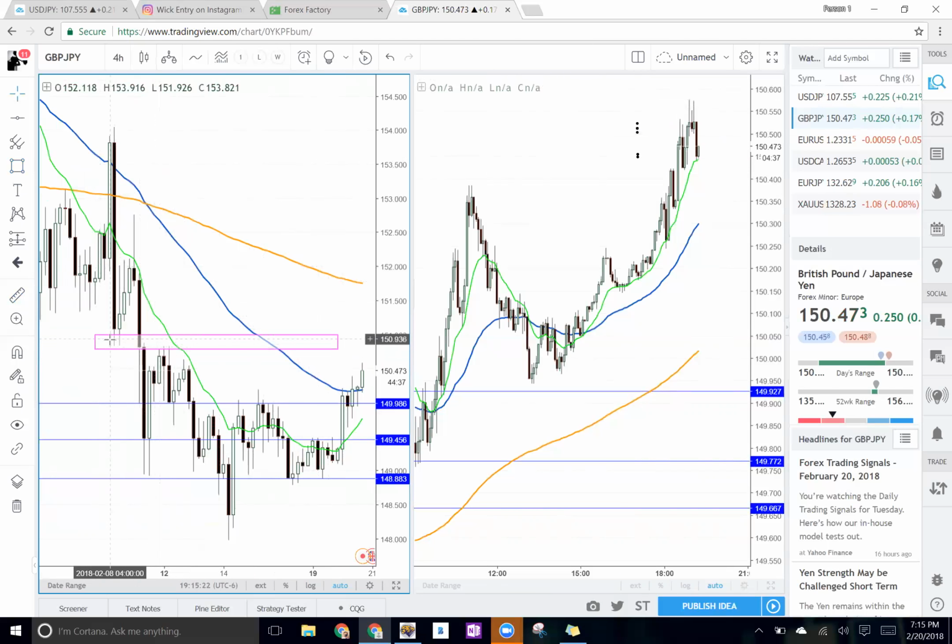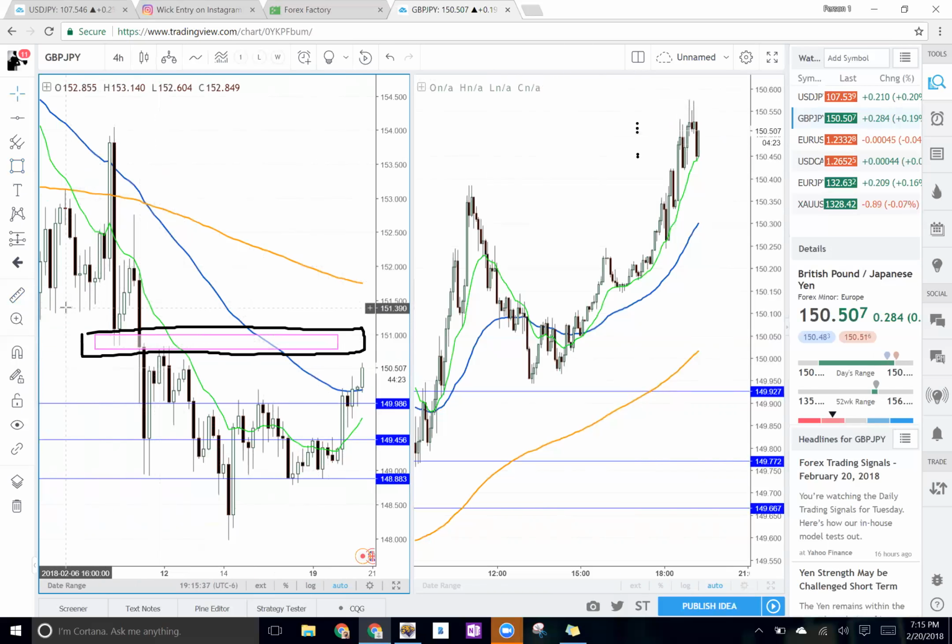For me, where I would put mine would probably be where the bodies are, and then I can get in on a lot of wick entries off the major stuff. It's give or take, because it's not set in stone where the support or resistance is. You kind of have to see how price reacts once it gets to that level.